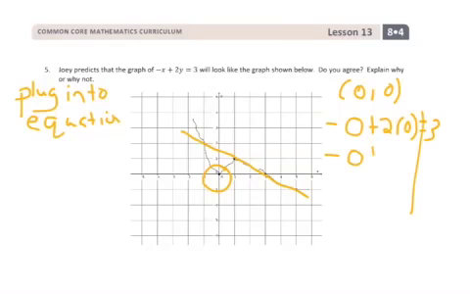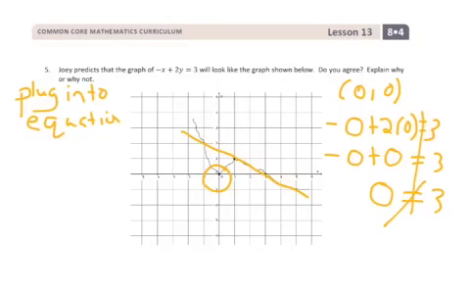I would have negative 0 plus 2 times 0, 0. Well, 0 is going to be on this side. Does 0 equal 3? No. So this graph that they gave us would not be the graph of this equation, because this specific ordered pair does not work when we actually plugged it into my equation.